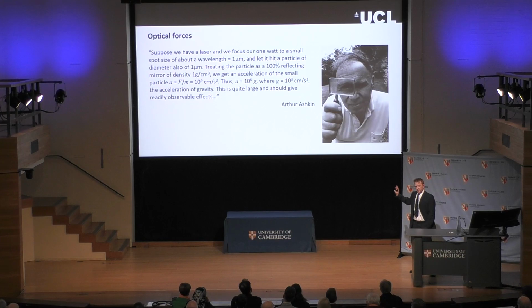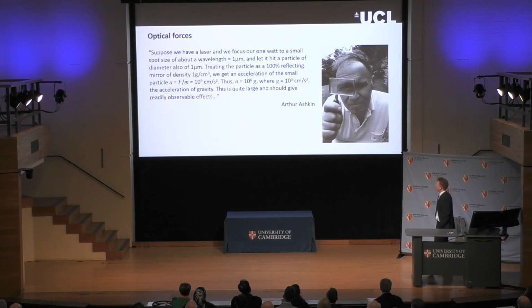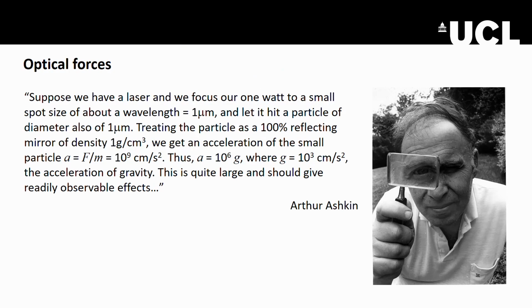So let's have a look at Ashkin's ideas, how he reasoned that radiation pressure should be something that's measurable. A quote from him. Suppose you have a laser with a power of 1 watt. We focus that to a small spot, about 1 micron diameter. If that hits a particle of a similar diameter, at 1 micron, and just imagine that all that light is reflected back off the particle.